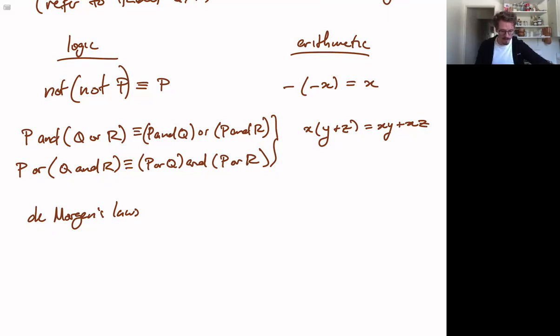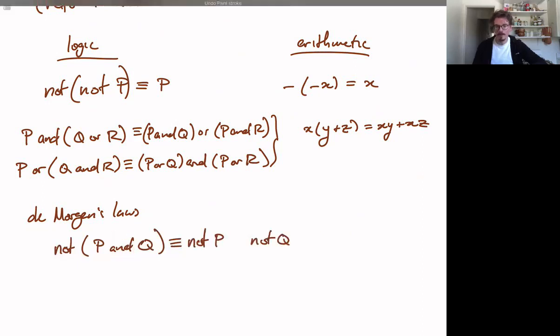So De Morgan's laws are how to negate ands and ors. So if you have a statement like P and Q, what is the negation of that? The way you do it is you distribute the not onto both terms, and you flip ands and ors.